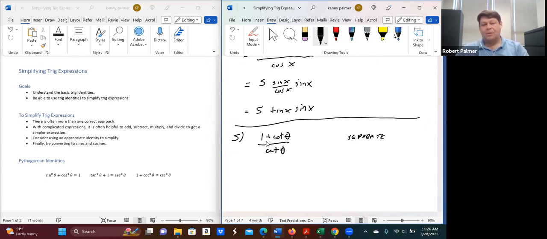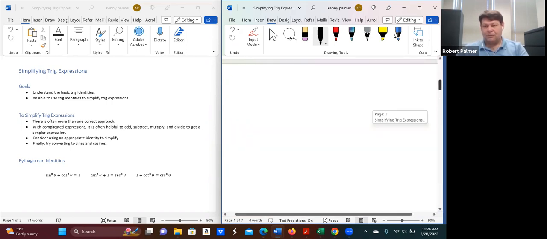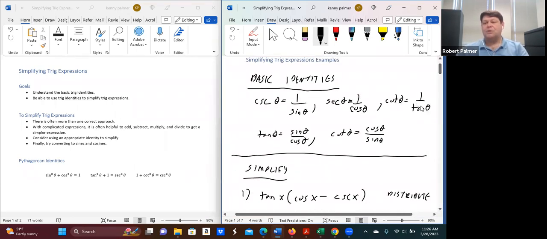By separate, I mean put both over the denominator of cotangent. So we have 1 over cotangent of theta plus cotangent of theta over itself. And obviously cotangent over itself is just 1. Now, what is 1 over cotangent? Well, let's go back to the very top, where we said that cotangent is 1 over tangent, and this goes both ways.